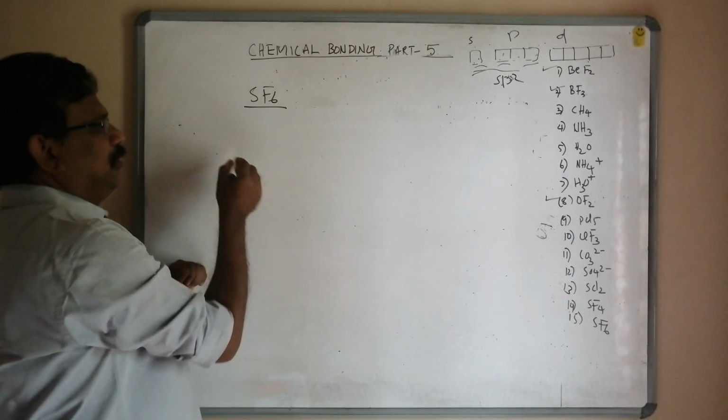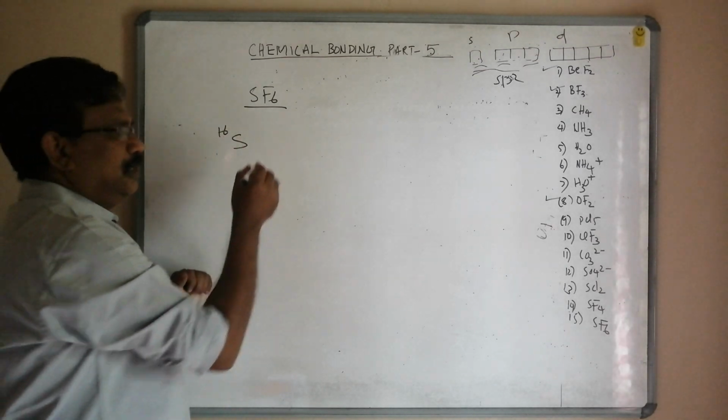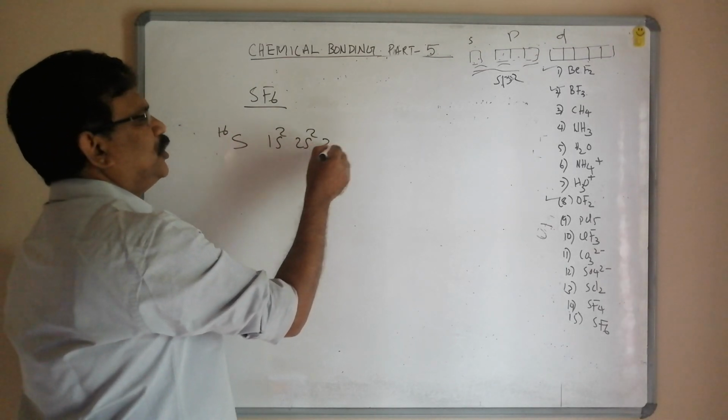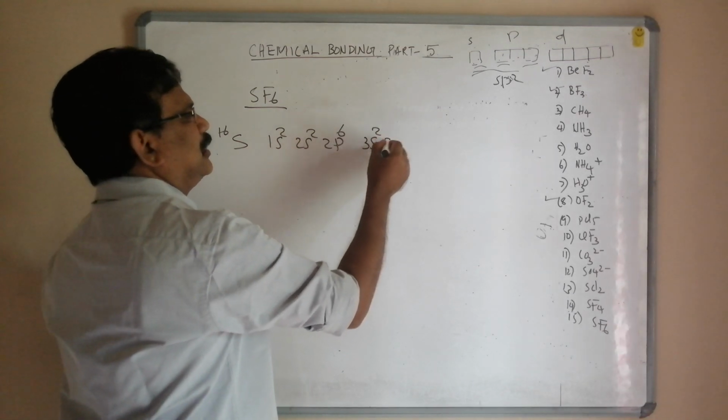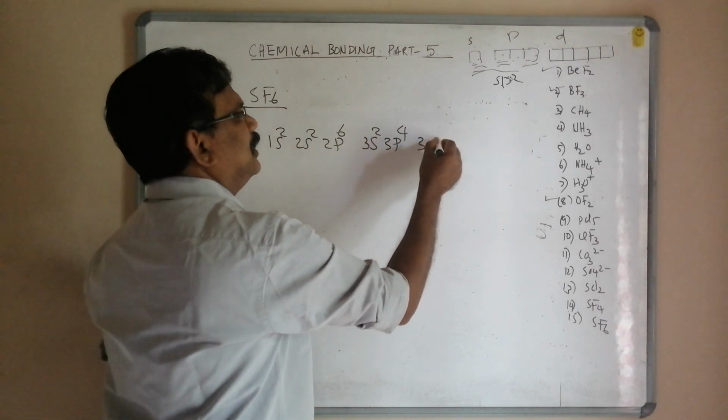Central atom sulfur, atomic number 16: 1s2, 2s2, 2p6, 3s2, 3p4, 3d0.